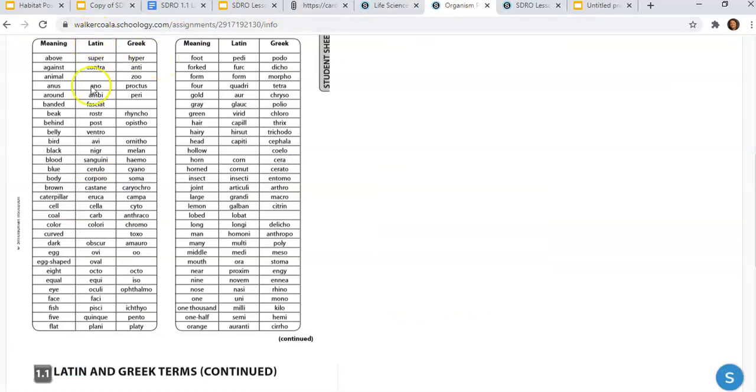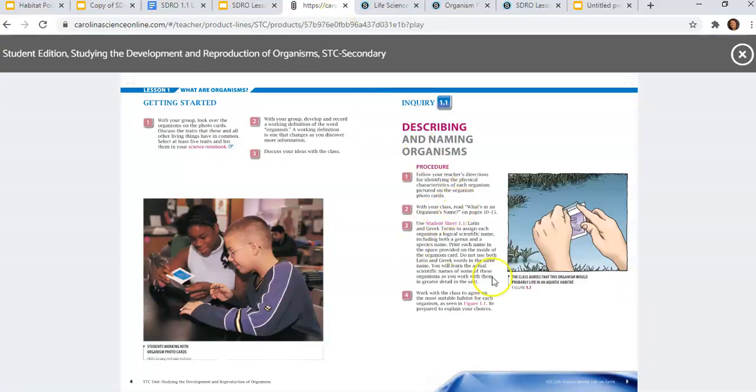If you choose a Latin name as its genus name, then please also choose a Latin name as its species name. If you decide to choose a Greek name for its genus, then please also choose a Greek name for species. So you'll do that for all of your photo cards.